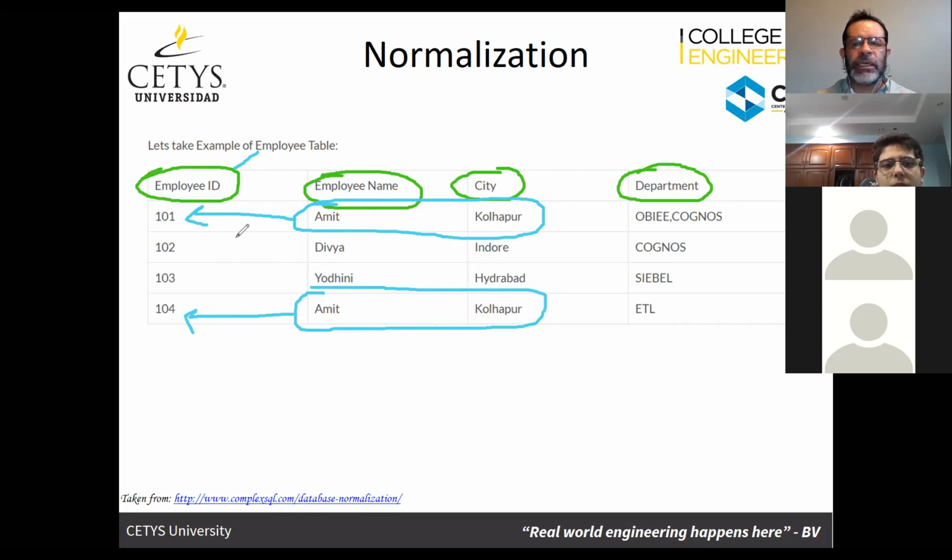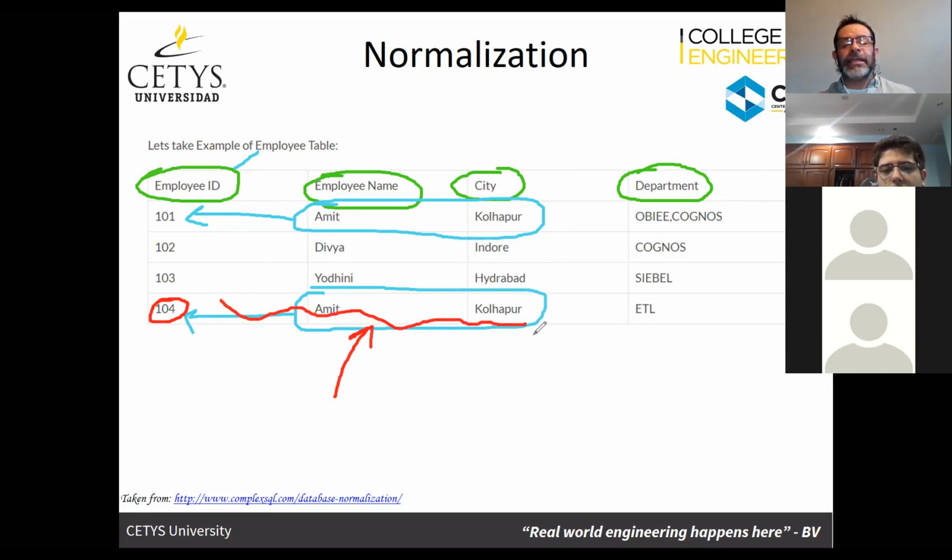Are they employee ID 101 or are they employee ID 104? So this employee ID that we've got, this is an insertion anomaly. Somebody added something to the database and it wasn't validated with regards to a primary key. So this is a problem.